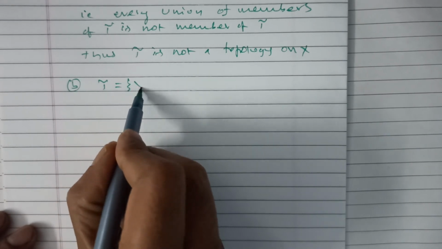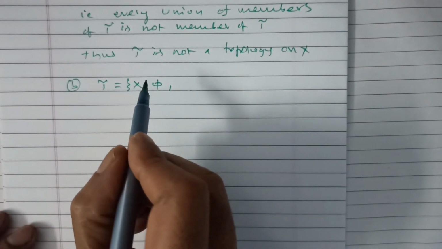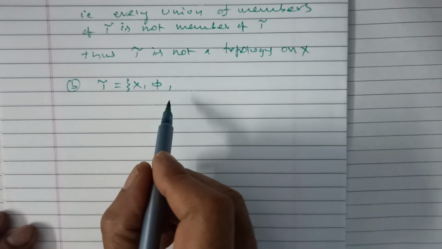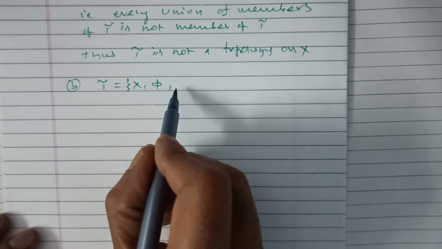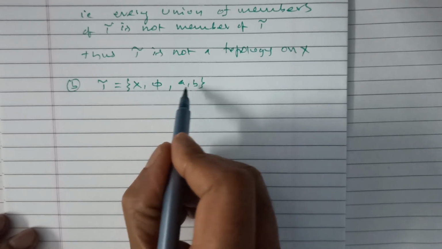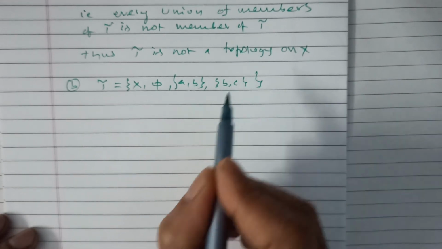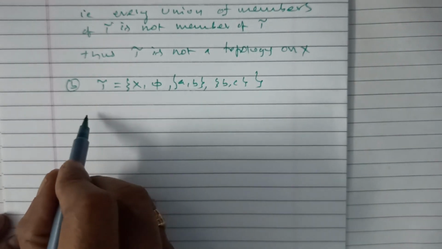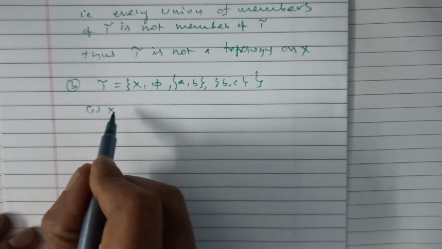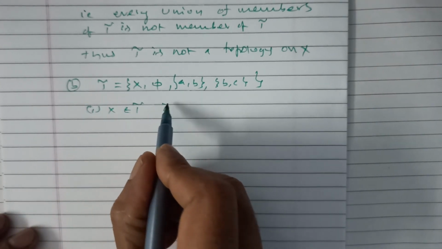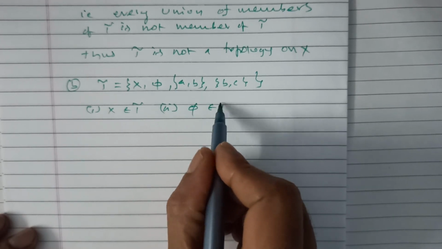Tau is equal to set of X, phi, they are given, set of A, B, set of B, C. So first condition, X belongs to tau. Second condition, phi belongs to tau.